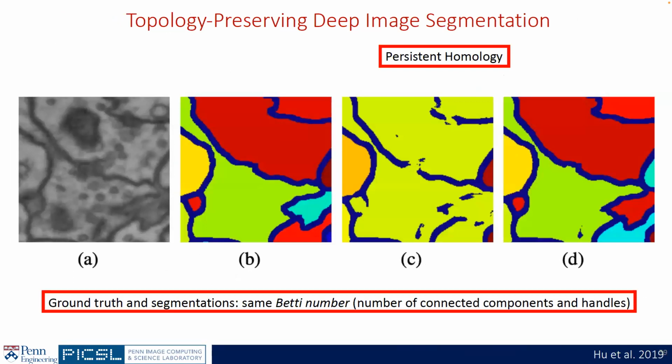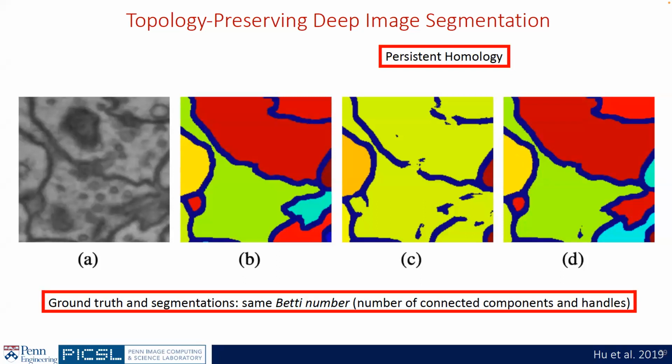Okay, now we are ready to, 15 minutes is all I need, is how to think about enforcing topology and geometry constraints in a deep neural network using the concept of persistent homology and Betti numbers, right?